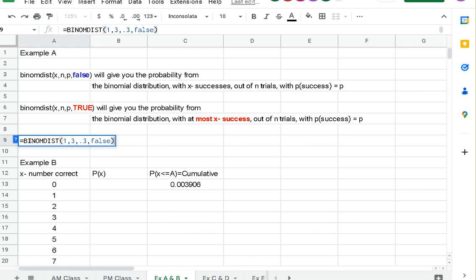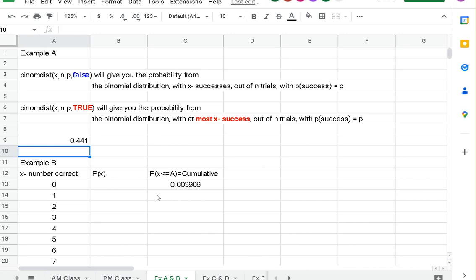So what probability are you getting? 0.441. All right, sounds good. So you should be getting about 0.441. Great, great. That's exactly what we're hoping to get.